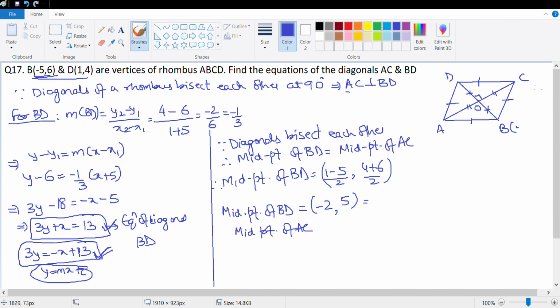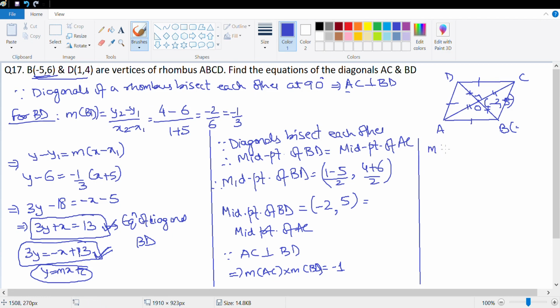So now we basically need to find the equation of AC, which is passing through negative 2, 5. Since AC is perpendicular to BD, slope of AC into slope of BD will be equal to negative 1. Now we already know the slope of BD, which is negative 1 by 3.